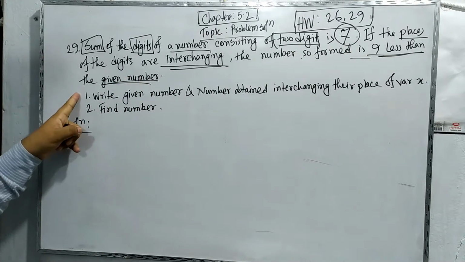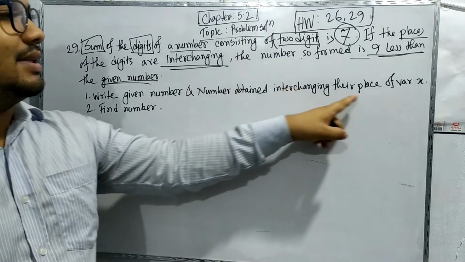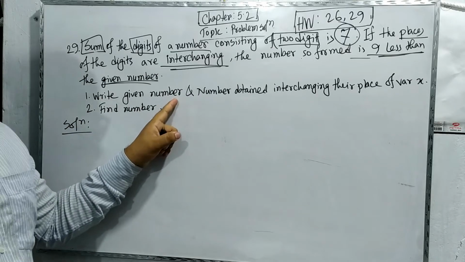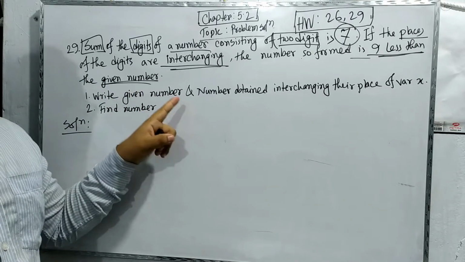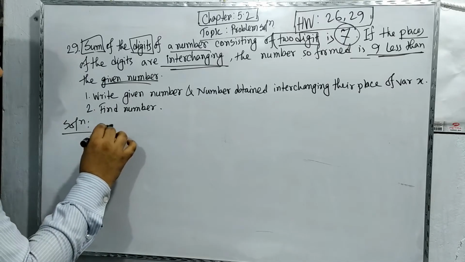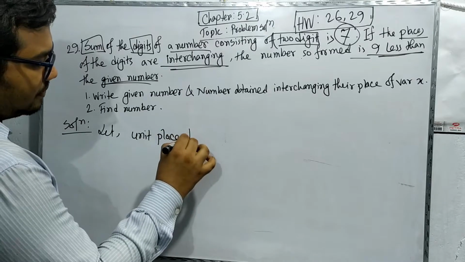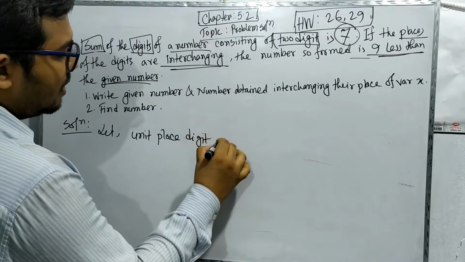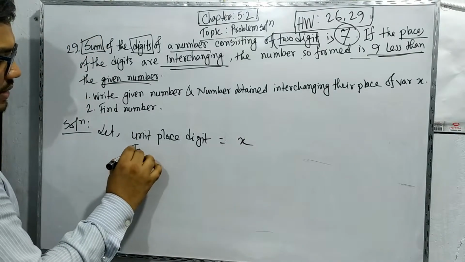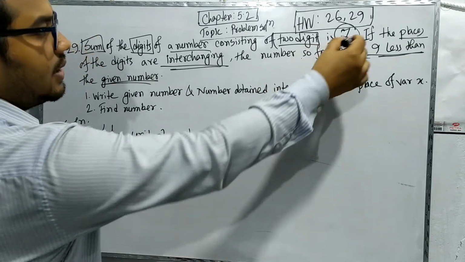Our first question says write the given number and the number obtained by interchanging, using the variable x. So what actually is the number? To find the number, we need the unit digit and the tenth digit. Let our unit place digit be x and the tenth place digit be 7 minus x, since the sum is 7.